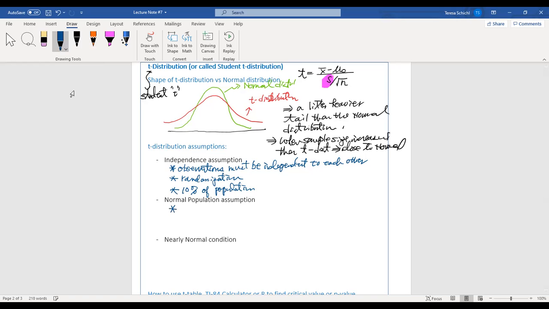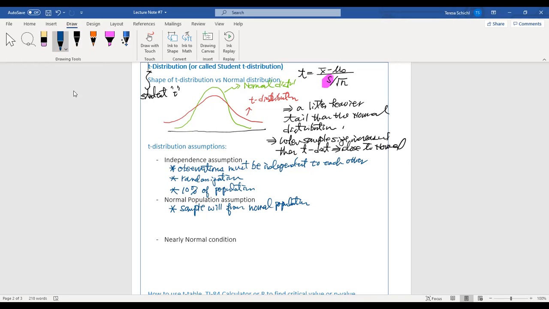Theoretically, when the T distribution was derived, we assumed the sample came from a normal population. But sometimes we really don't know.